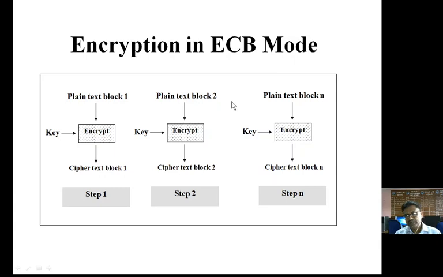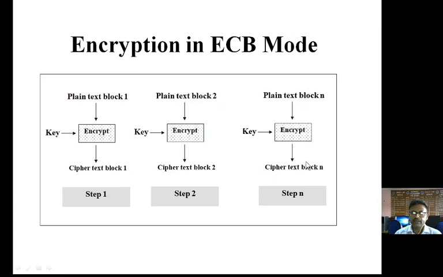And similarly, if we have such n blocks of the plain text, for all blocks we apply the same size of the key, same encryption algorithm to get the ciphertext block. So plain text block 1 is converted into ciphertext block 1. Plain text block 2 is converted into ciphertext block 2.